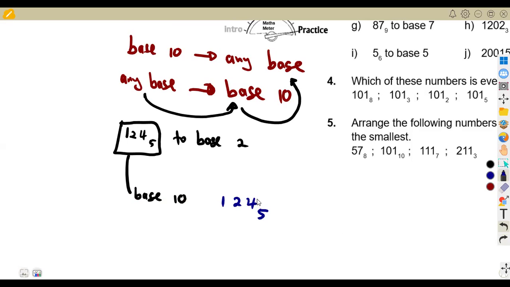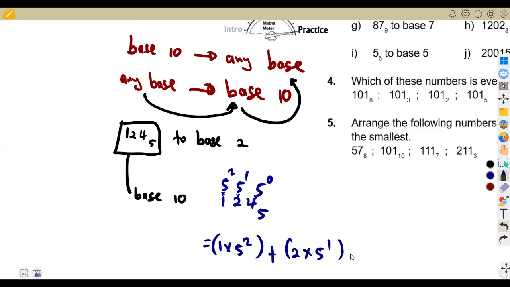Remember, to base 10, we said we raise to the powers of that given base, powers of 5. All right, so that's 5 to the power of 0, 5 to the power of 1, 5 to the power of 2. So this simply means we are multiplying 1 times 5 to the power of 2 plus 2 times 5 to the power of 1 plus 4 times 5 to the power of 0.